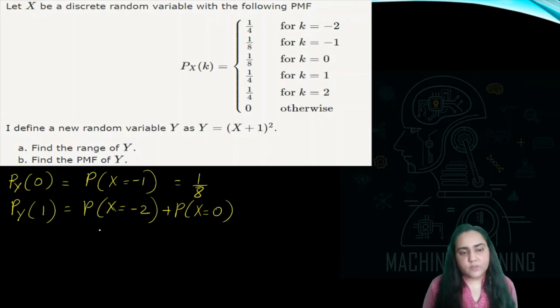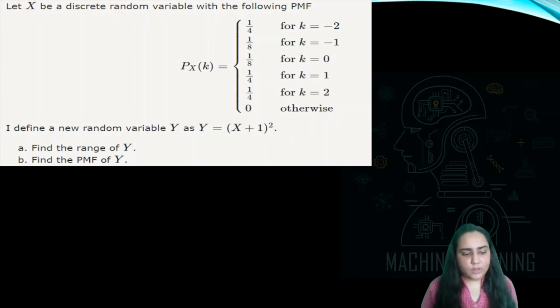For both cases, we got the value of y as 1. So you just have to add the two probabilities from the table. For -2, it is 1 by 4, and for x equal to 0, it is 1 by 8. If you evaluate that, you will be getting 3 by 8. So that is the probability.